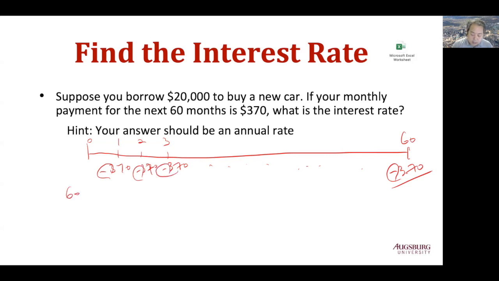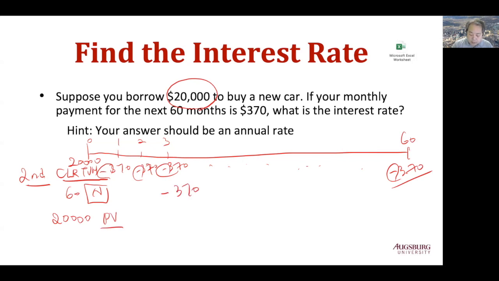So 60 N. Always clear first, right? 60 N, interest rate, we need to get that. And then you borrow 20,000, so you receive 20,000 initially, so 20,000 PV. And the PMT is negative 370, so 370 and the plus minus sign, right? And the future value, you pay off everything, so 0.